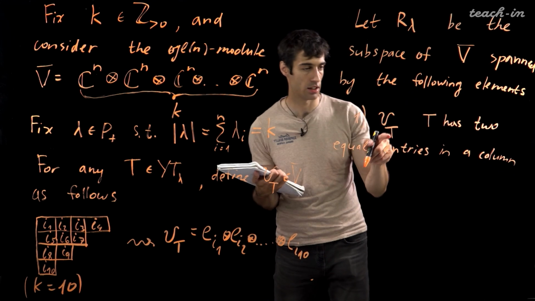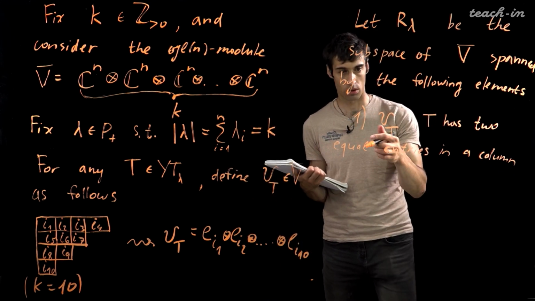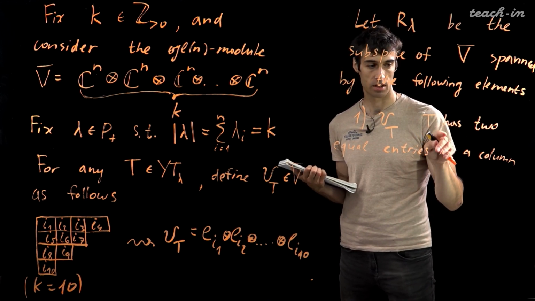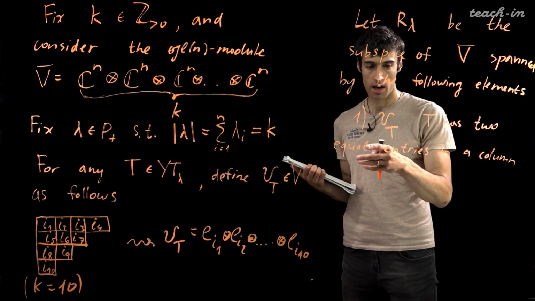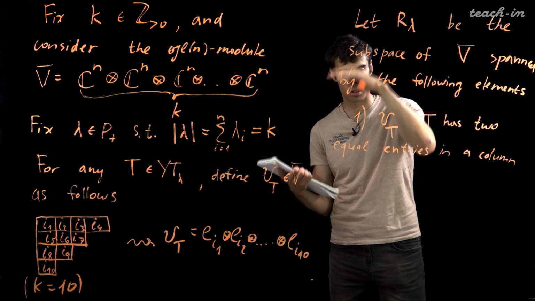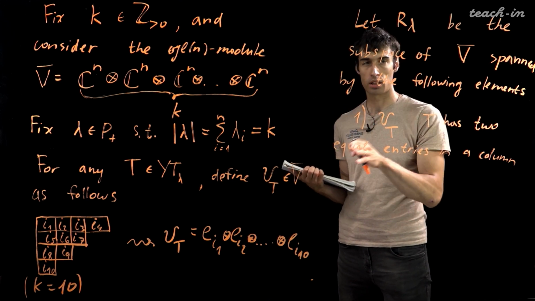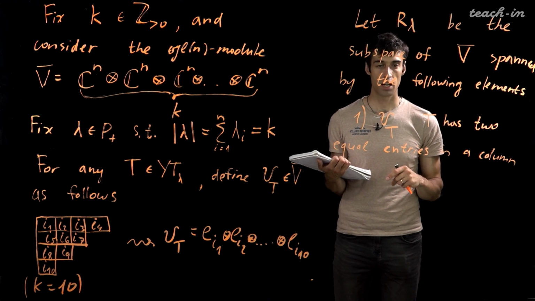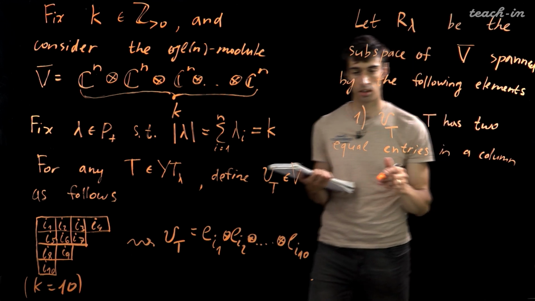So I consider all possible Young tableaus such that at least in one column I have 2 equal entries, and they can be together or spread apart. Doesn't really matter. I put such corresponding vector into my subspace R lambda, and all linear combinations of such vectors are also given here.